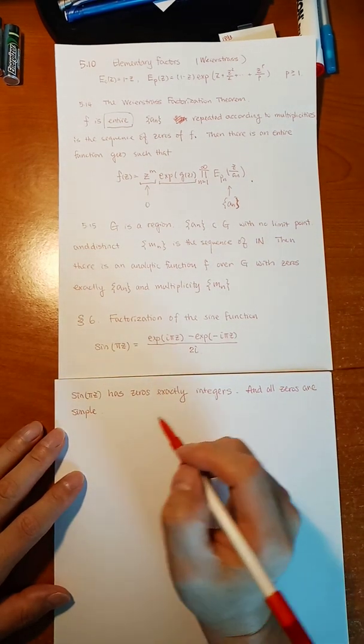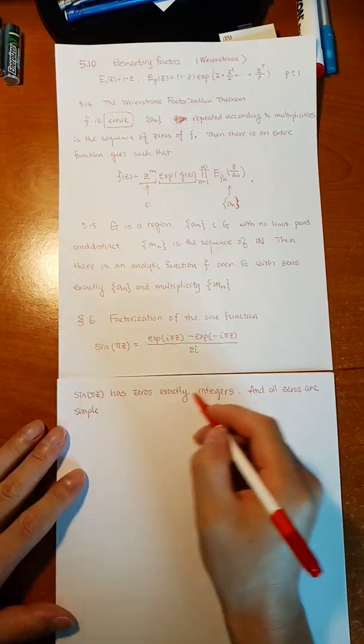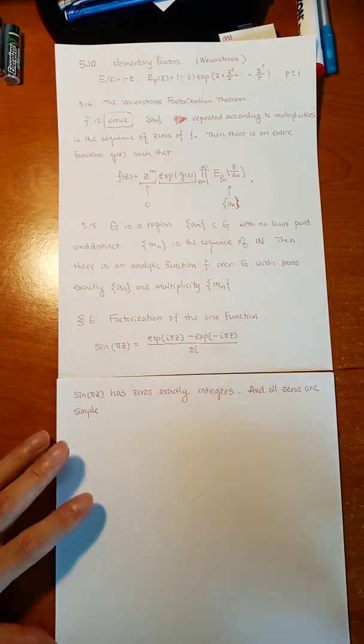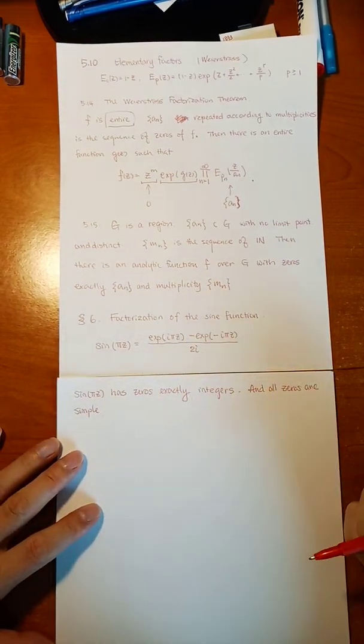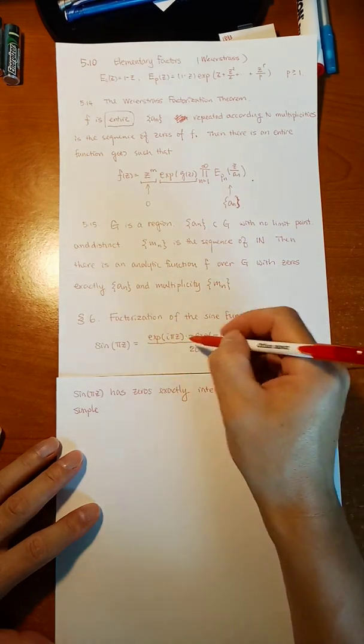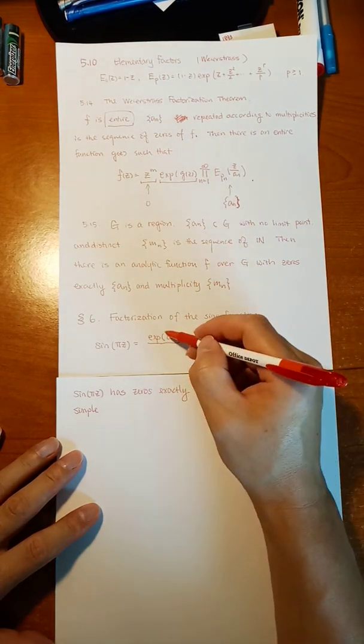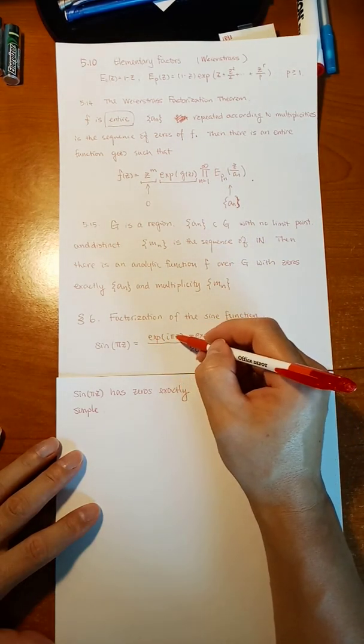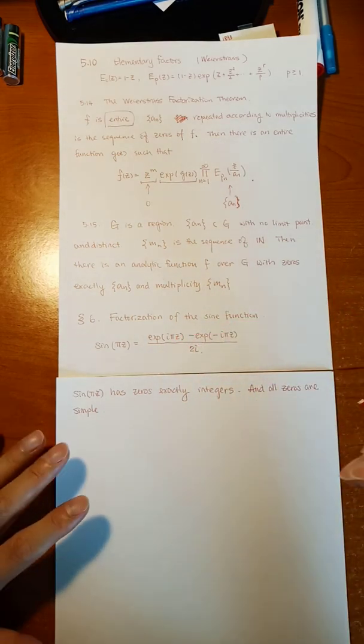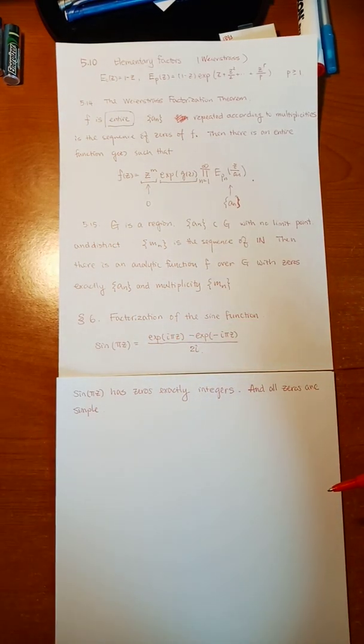That's a result we can easily derive from this expression: you set it equal to 0, the numerator is 0, so the exponential of 2 pi i z is equal to 1, and then z can only be an integer. That's all. It's not difficult.